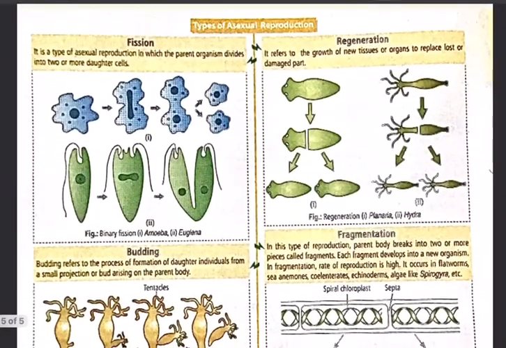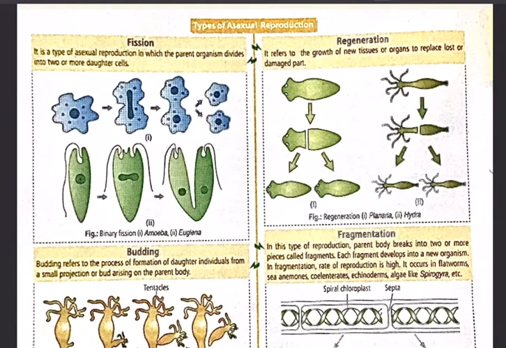And not to forget, there is a special ability by some organisms. Of course, this ability is restricted to some organisms, like for example Planaria, Hydra, and if you may recollect, yesterday I told starfish. You can see here that these organisms have the special ability to regain the lost parts.